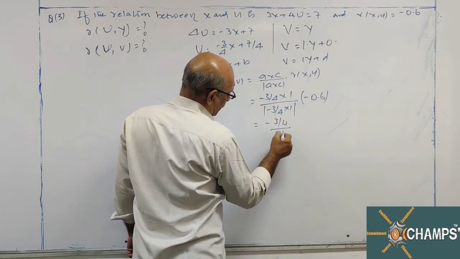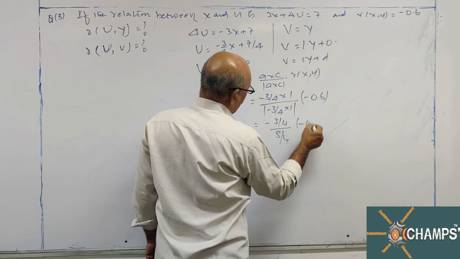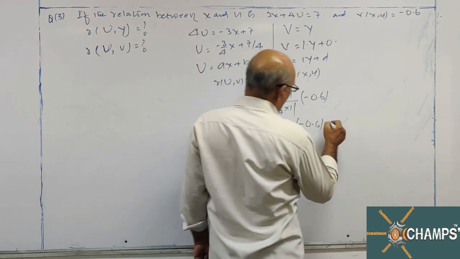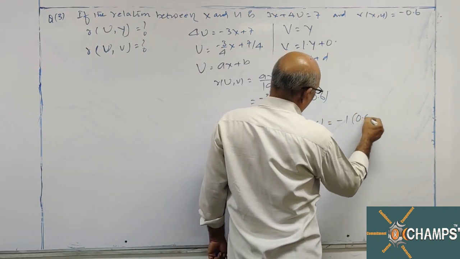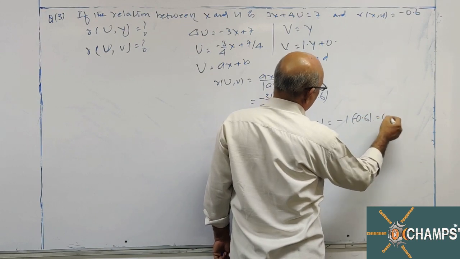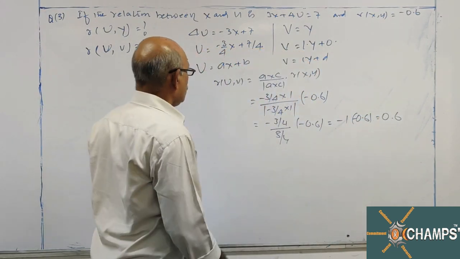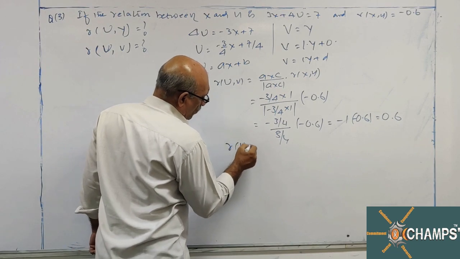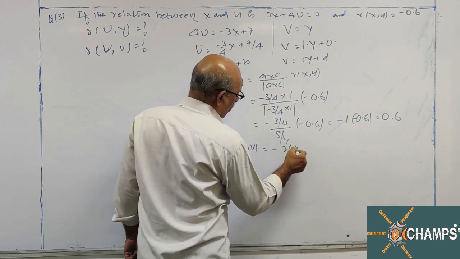Minus 3 by 4 by plus 3 by 4 into minus 0.6. Minus 1 into 0.6 is minus 0.6. So R of u comma v is equal to minus R of x comma y.